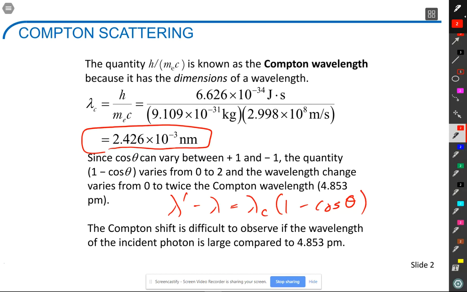Or basically 5 picometers. Really, really small is the maximum shift you can get. And what would this wavelength have to be to give you cosine theta is minus 1? What is theta if cosine theta is minus 1?